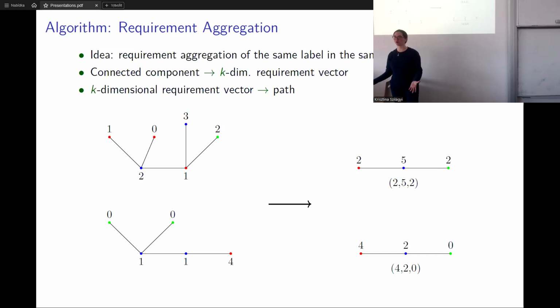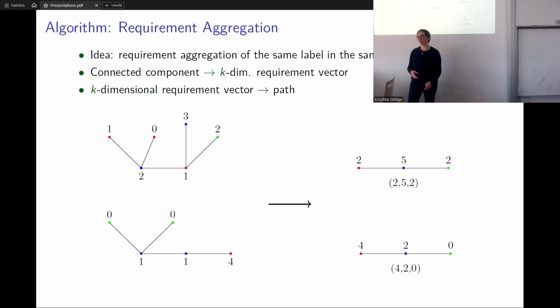If we are somewhere in our decomposition and we already constructed some part of the solution, we have some tree that has some labeled vertices, labeled by these colors, and each of these vertices still has some sort of degree requirement. We still need to add some number of neighbors to it.